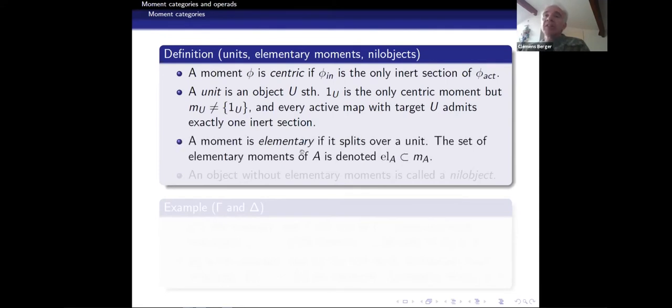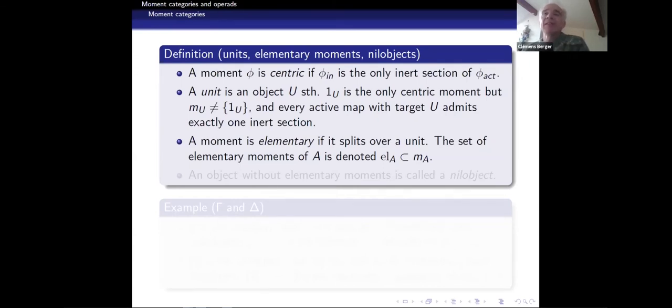Now, a moment is called elementary if its canonical splitting is over a unit. So somehow the elementary moments are the smallest moments which nevertheless are centric. One has to be a little bit careful about this notion of elementary, but you will see in the examples what it means.